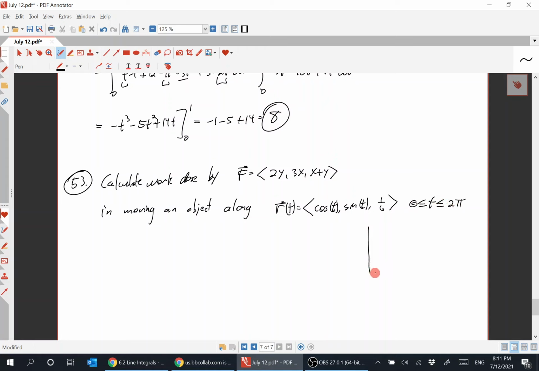So this curve is a circle, right? The circle of radius 1 on the plane z equal to 1/6. So we've got this curve in the counterclockwise direction looking like that.